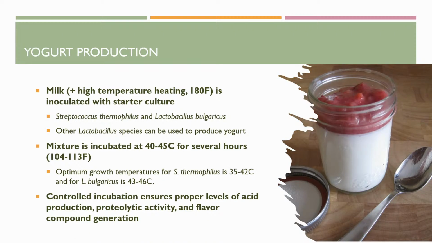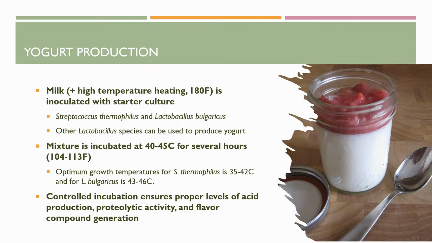Okay. So let's switch gears, talk a little bit about yogurt production. Basically, producing yogurt, I just had some for breakfast, is milk that's inoculated with a starter culture, so very similar. That milk is heated at really high temperatures.